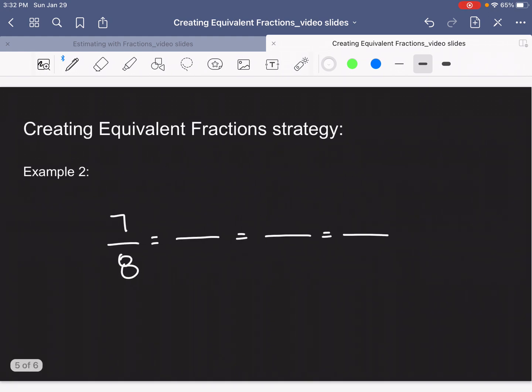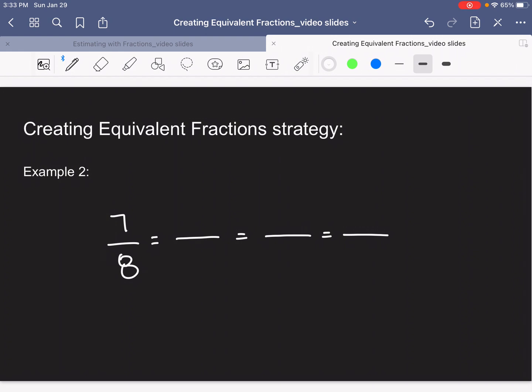Let's take a look at another example. I'm going to do the exact same thing as I did with 1/2, but this time my fraction is 7/8. So now I'm going to practice listing my multiples of 7 and my multiples of 8. So I'm practicing my multiplication facts and creating some equivalent fractions. So I'll start with the numerator 7.